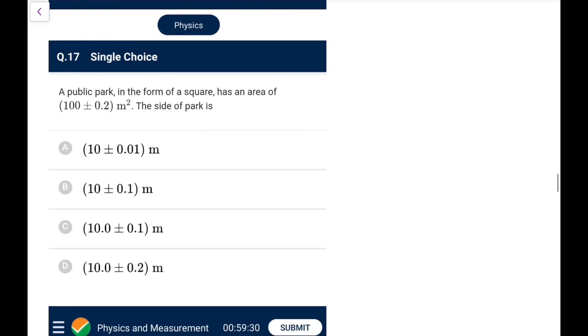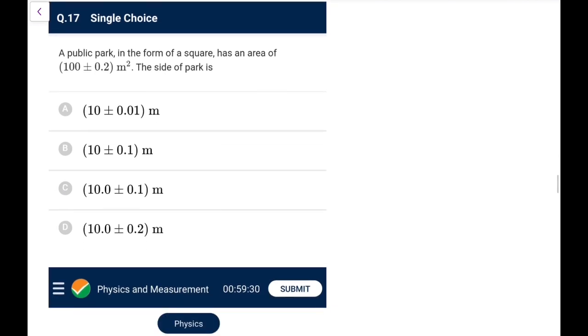So next, a public park in the form of a square has an area of this, the side of the park is. Okay, so the fractional error in area that I can make out is 0.2 over 100. So we know area is L square. So directly the fractional error in A would be twice the fractional error in length.